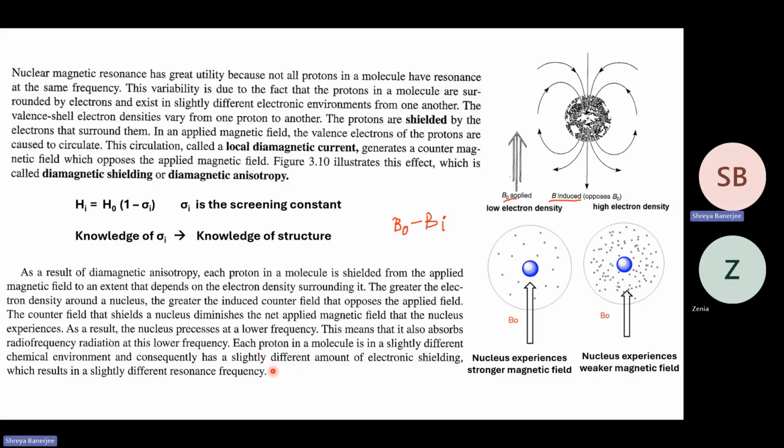As a result of this, even though you're applying a uniform magnetic field B0, each proton in the molecule is experiencing a different magnetic field due to the different chemical environment. And that will help you distinguish between the different nuclei in the molecule.